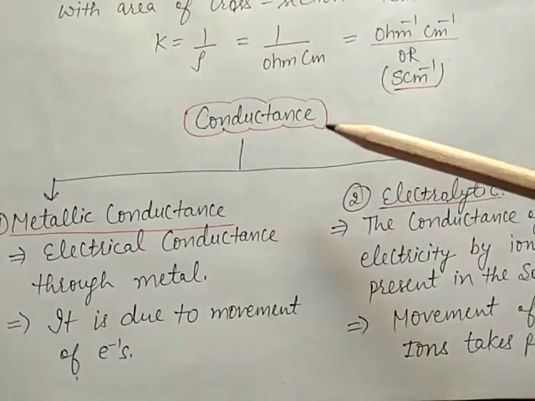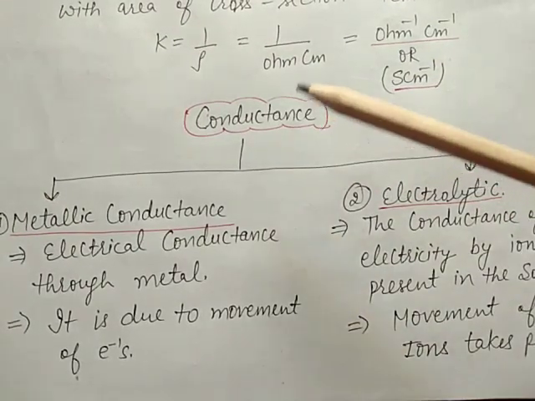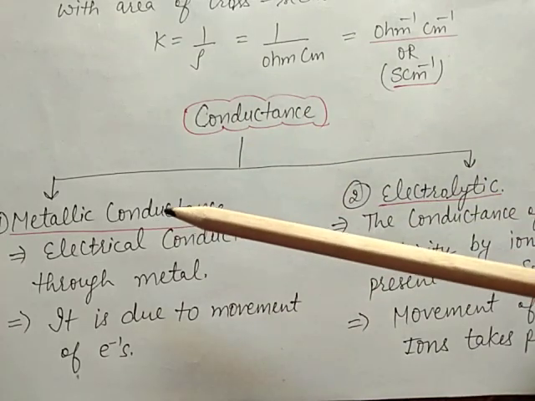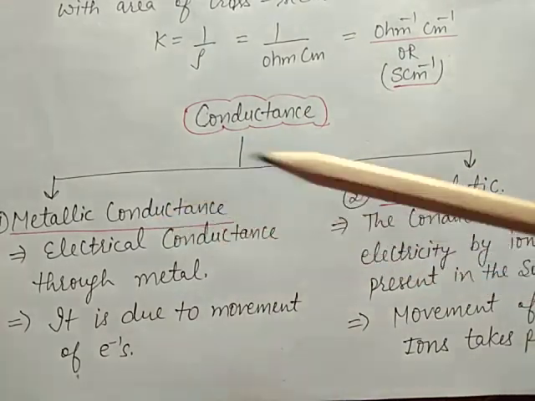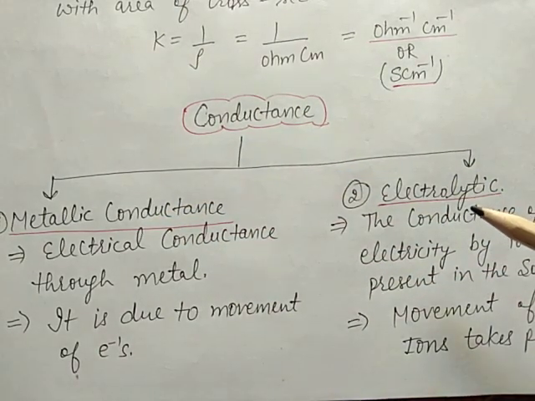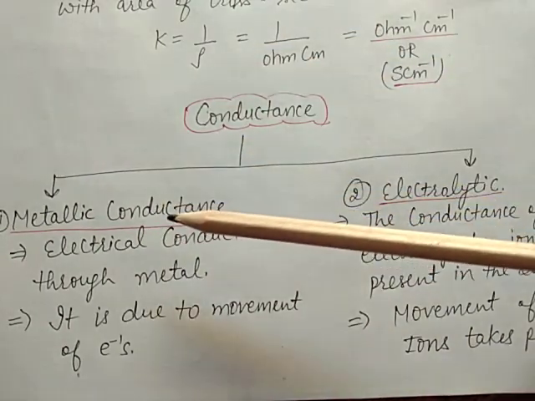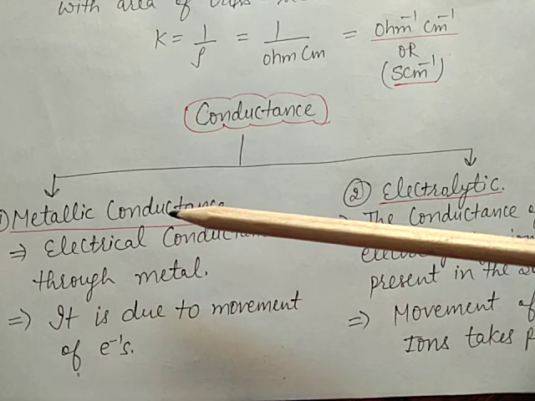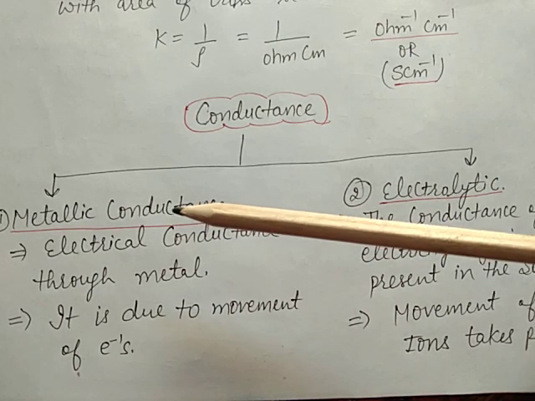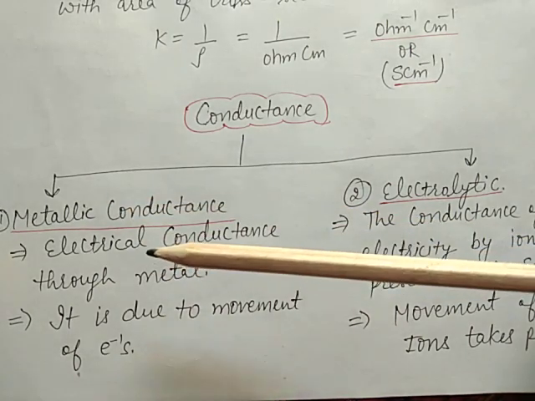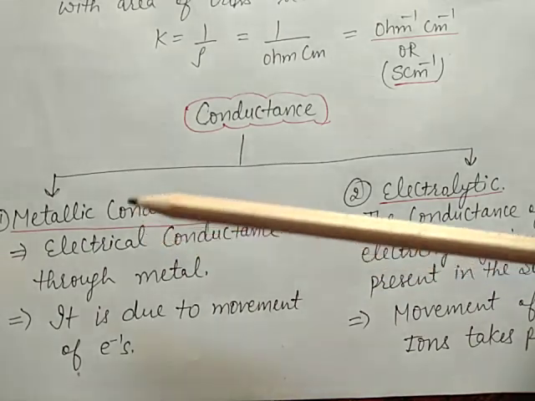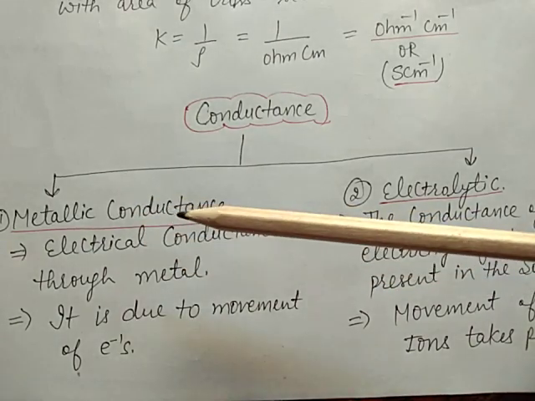Now the types of conductance. Conductance is of two types. First, metallic conductance, second, electrolytic conductance. Metallic conductance is also called electronic conductance. Means electrical conductance through a metal is called metallic conductance.